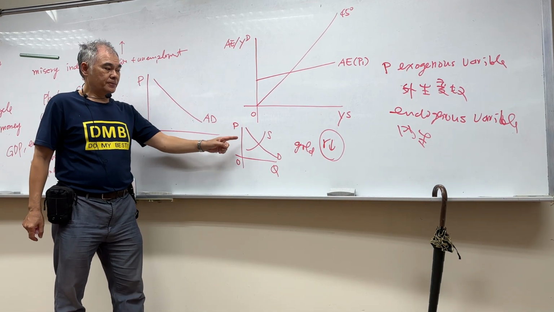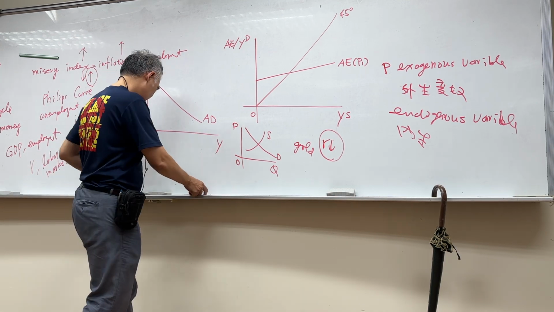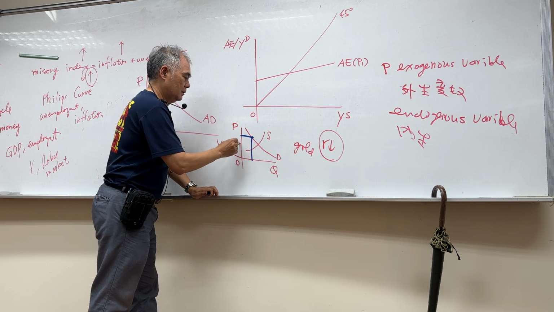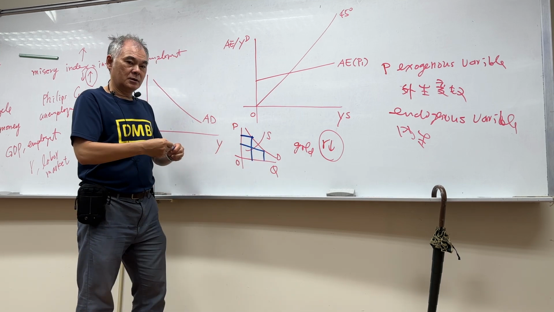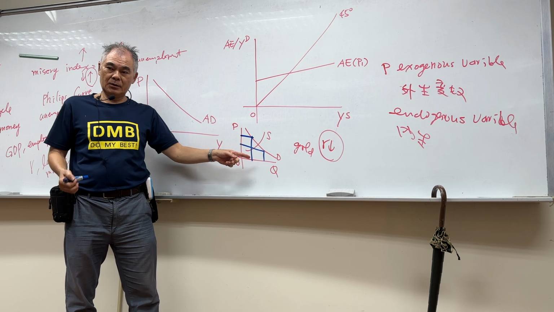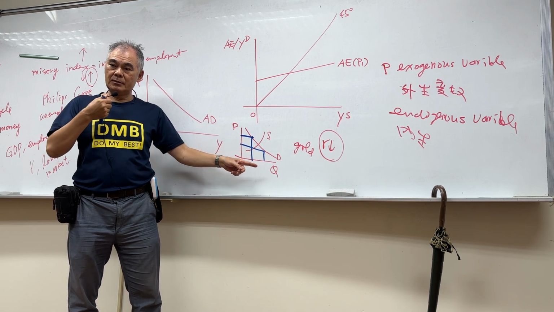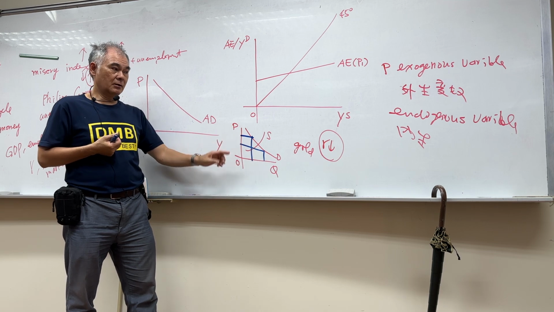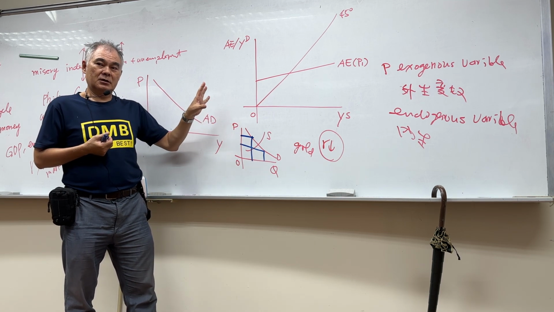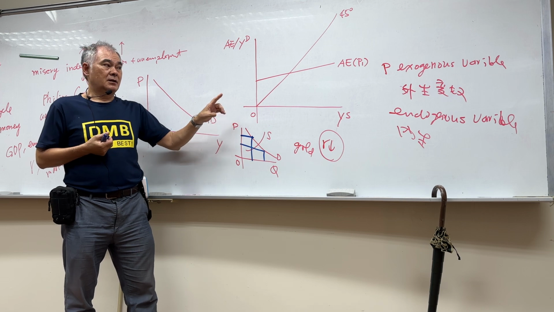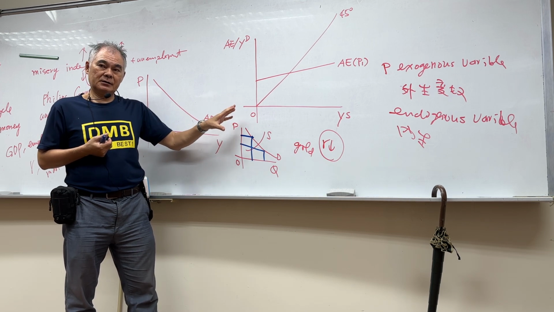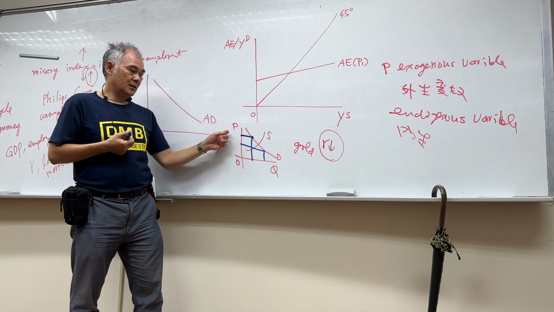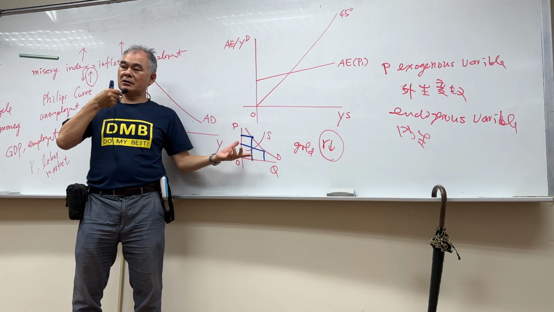And so if price goes down, you buy more. If the price goes down, quantity demanded goes up, and if price goes up, quantity demanded goes down. I'm talking about the characteristics of endogenous and exogenous variables. So this is Q, this is P. This is what you can see, and this is in the model.